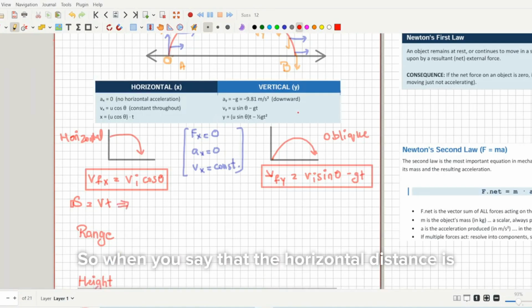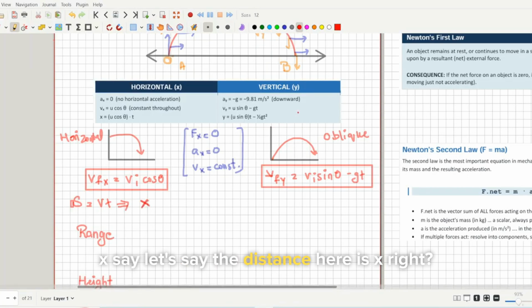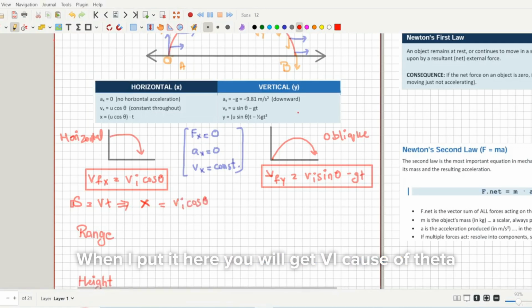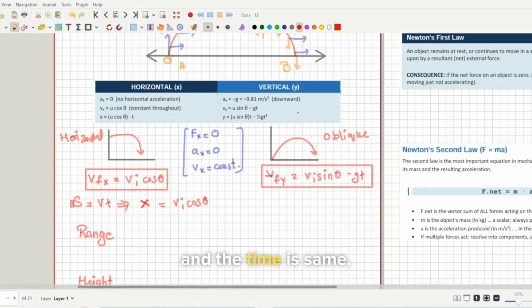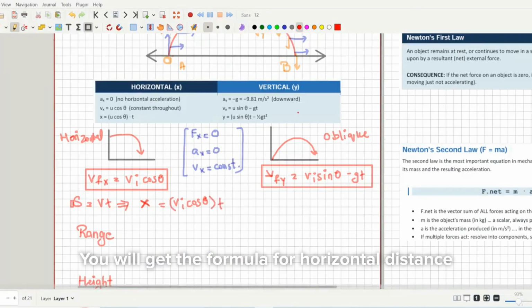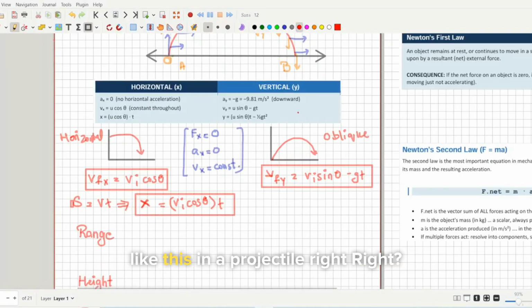So when you say the horizontal distance is x, right? And the velocity here is vi cos theta. When I put it here, you will get x equals vi cos theta times t, and the time is the same. You will get the formula for horizontal distance in a projectile.